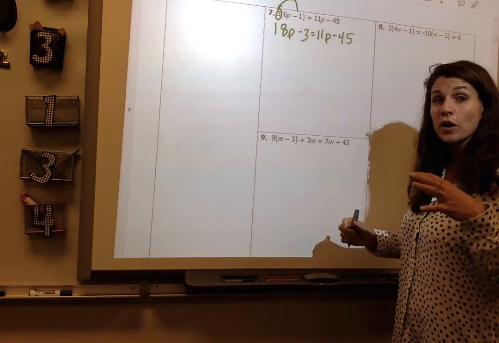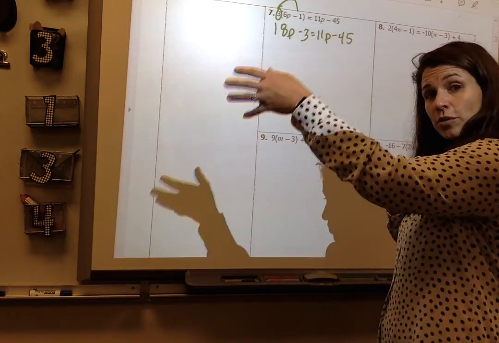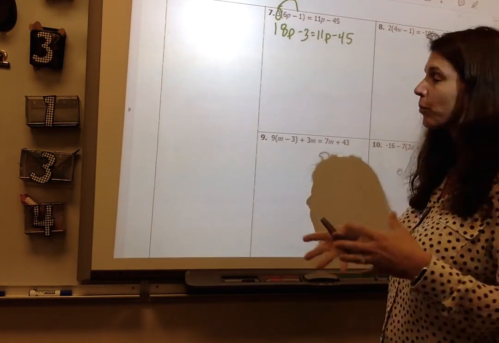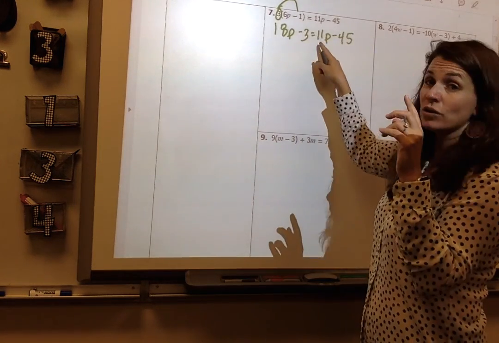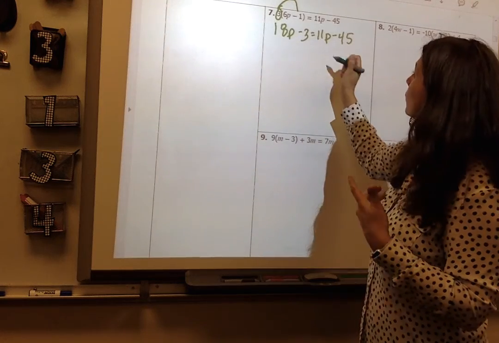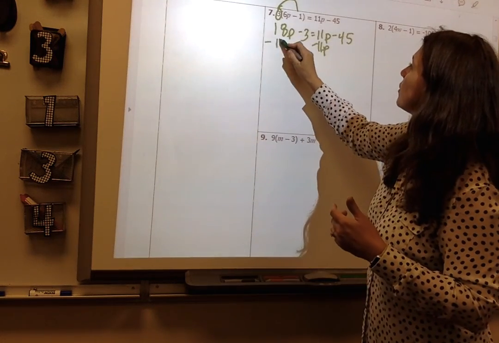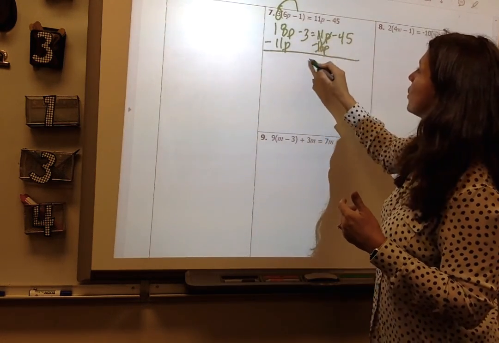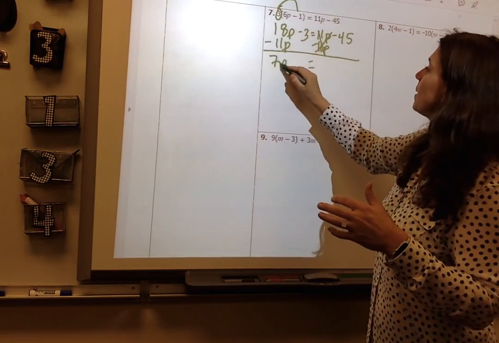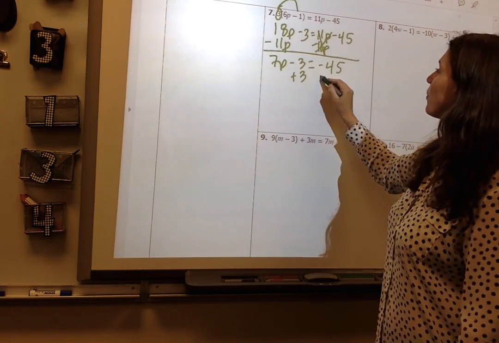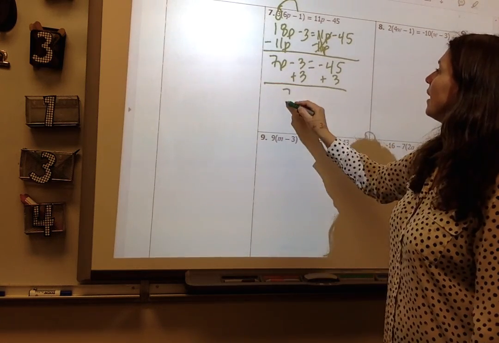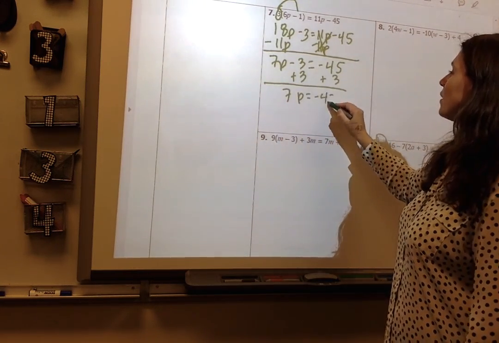I want to bring my variable term. I always take my variable term to the left-hand side, so I don't have to do symmetric property later. So I'm going to move this 11p, and I need to get that whole term over to the other side. So in order to do that, additive inverse, because now it's gone, and I have 7p minus 3 equals negative 45. I'm going to add 3 to both sides, and I get 7p equals negative 42.